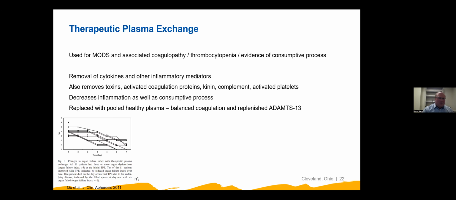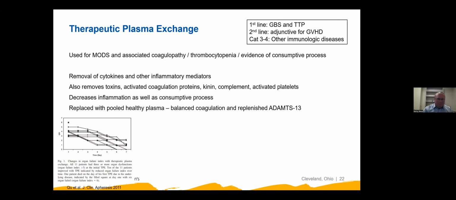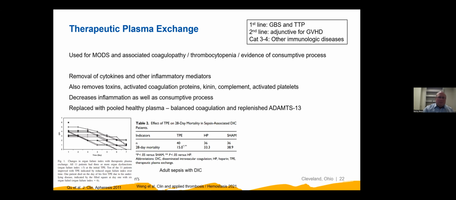And as early as 2011, even in a very small cohort study with Dr. Carcillo, this was shown to have some improvement in most of the patients' clinical outcomes. In addition, there was some benefit shown in a more recent trial with adult sepsis patients who either received heparin, no heparin, or plasma exchange, or plasma exchange without heparin.